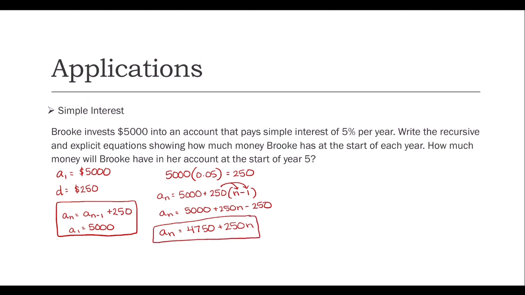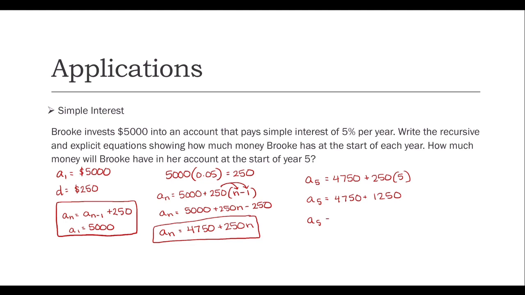So to find out how much money Brooke will have in her account at the start of year 5, we'll plug in 5 for n. So we have a5 equals 4,750 plus 250 times 5. So a5 equals 4,750 plus 1,250.